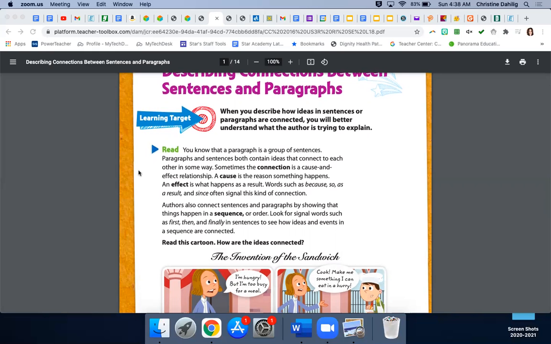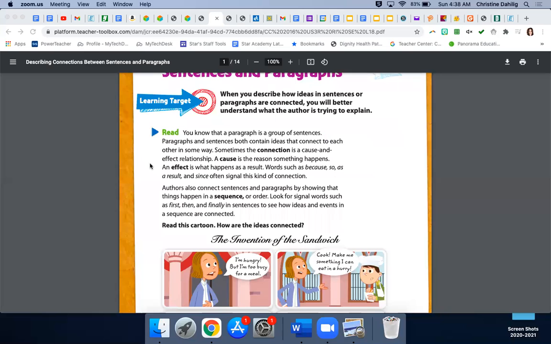Sometimes the connection is a cause and effect relationship. A cause is the reason something happens, and an effect is what happens as a result. Words such as because, so, as a result, and since often signal this kind of connection.